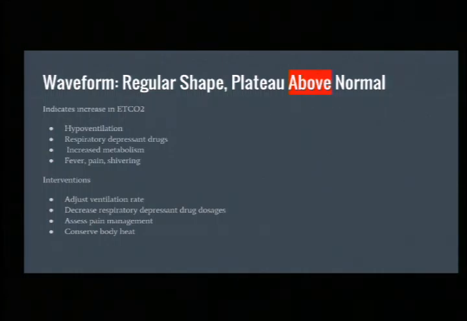So again, adjust their ventilation rate, decrease the depressant drug dosages so they're not so sedated, assess pain management, and conserve their body heat. So that one's pretty short. We'll get into more of how you adjust those on the vent in our ventilation lecture.